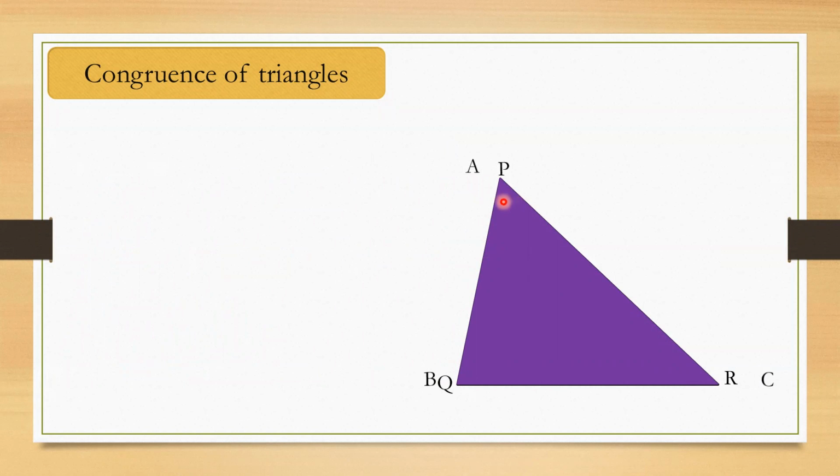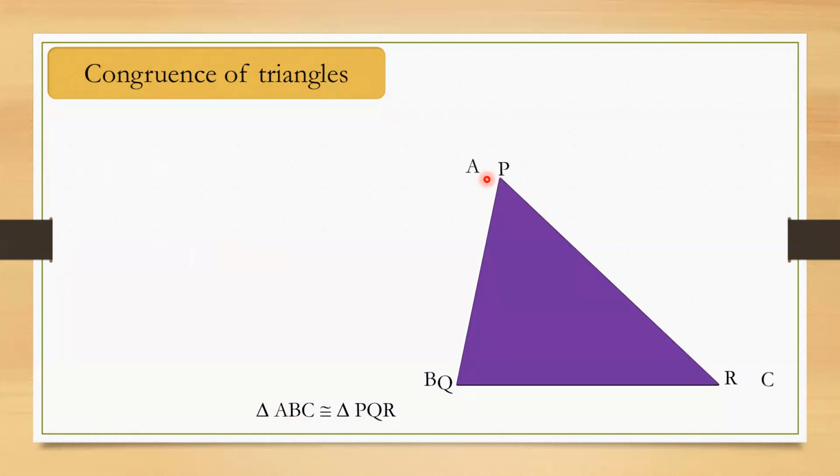So if I have to write down that both these triangles are congruent, how do I write it? Triangle ABC is congruent, so this is the sign of congruent, to triangle PQR. While writing down the names of both the triangles, you should be very careful. If you first write down A, then while writing down the name of the other triangle, first you have to write down the point which exactly coincides with point A. So A is exactly coinciding at point P, right?